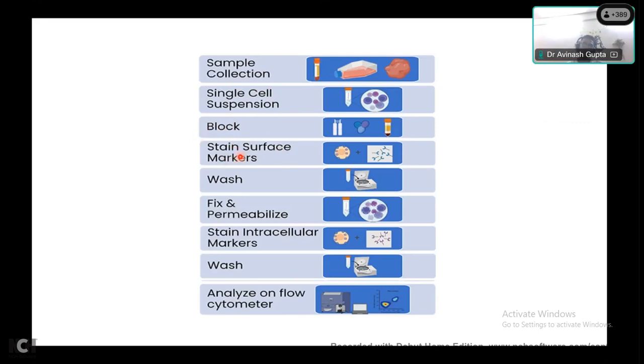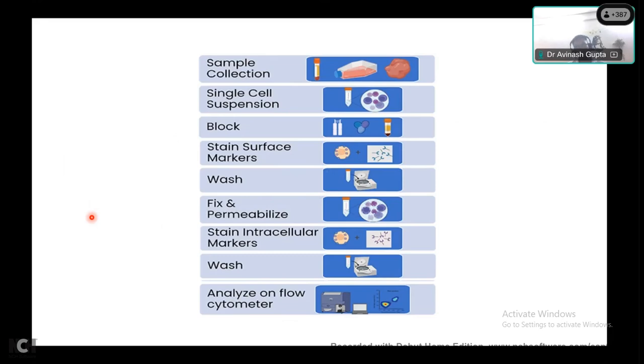Suppose we are dealing with acute leukemia. First we do the surface marker staining: we put on surface markers, then wash. Then we go for cytoplasmic staining also, because cytoplasmic detection is necessary, particularly for AML.